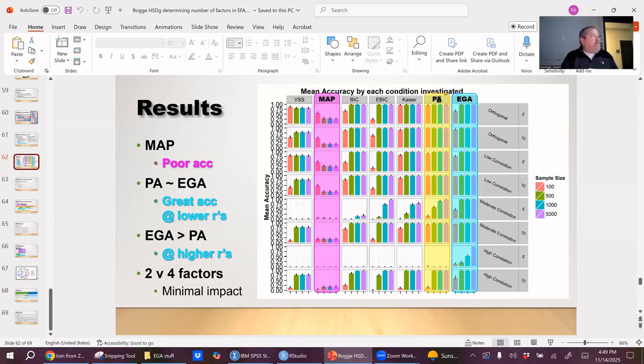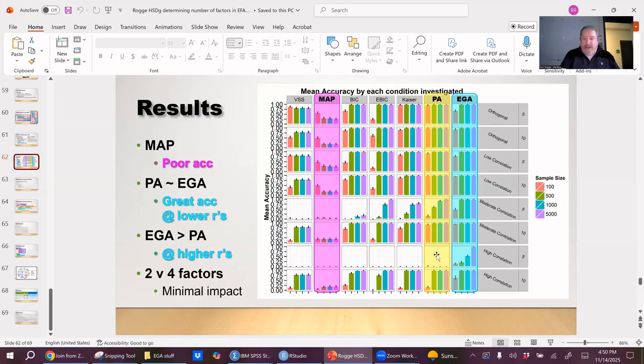The parallel analysis does pretty darn well until you start getting moderately correlated or highly correlated factors with only 5 items. Then parallel analysis really starts to fail. Does it make sense? And on the MPFI, we have highly correlated factors with 5 items each.